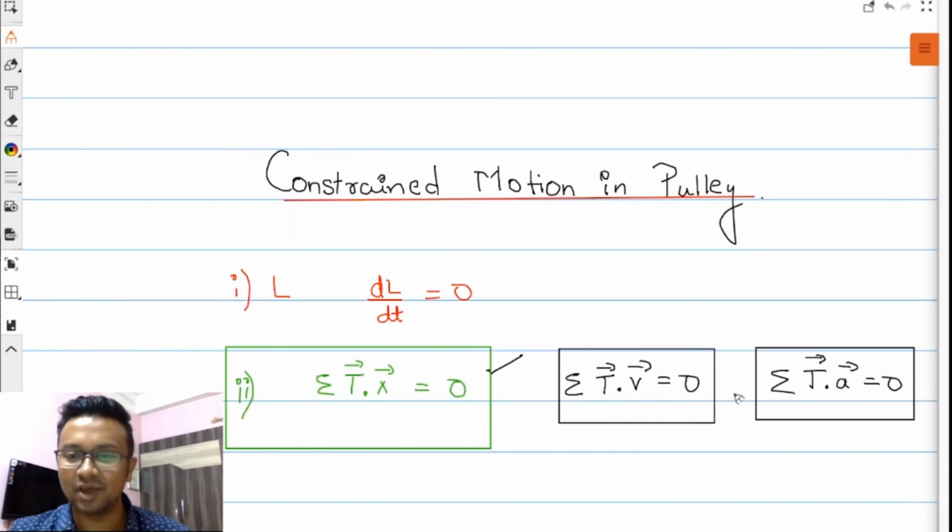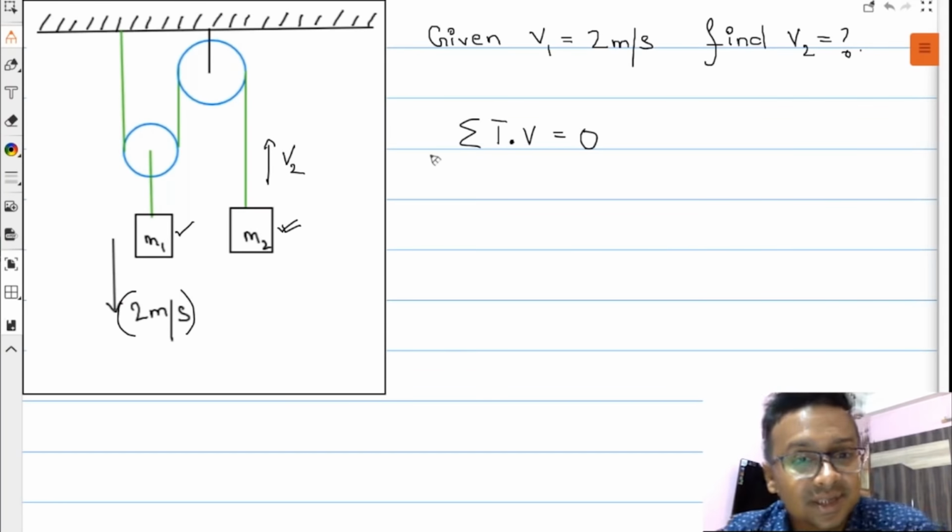They have asked us to find the velocity of this block. Very simple. Let us say the velocity of this block in the upward direction is some V2. We're going to use the relation summation of T dot V is equal to 0.